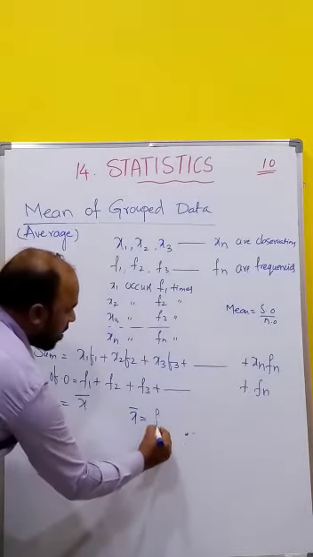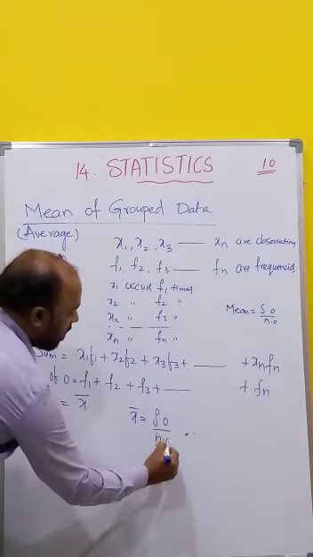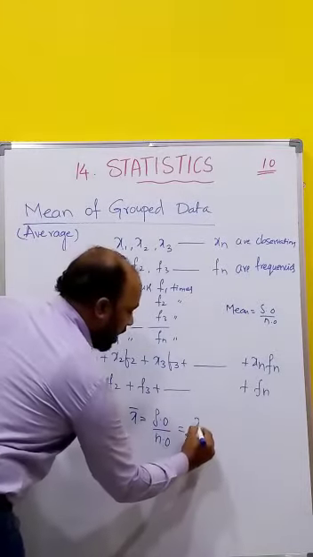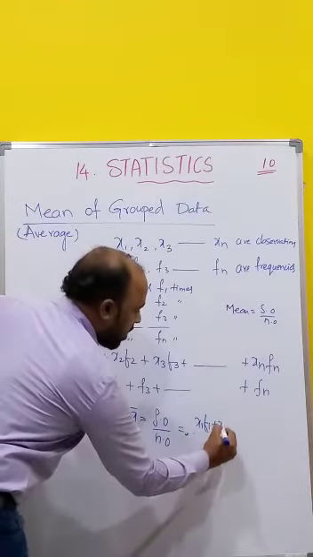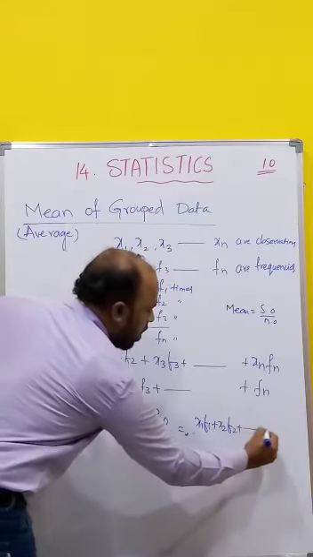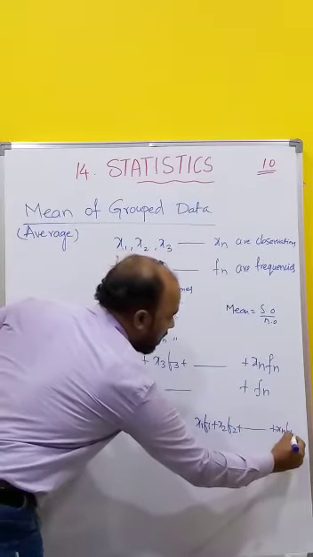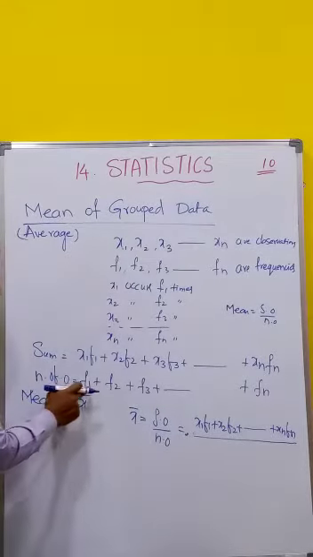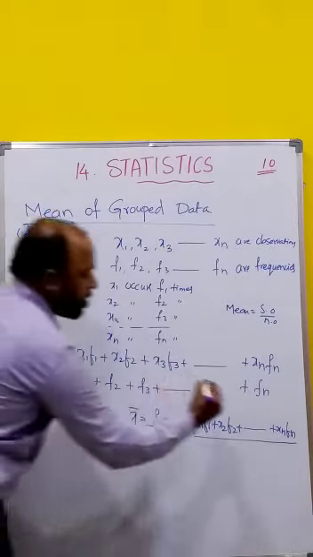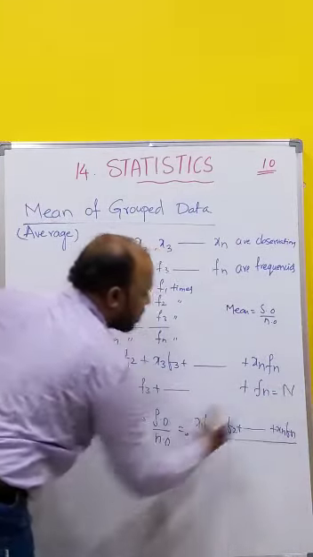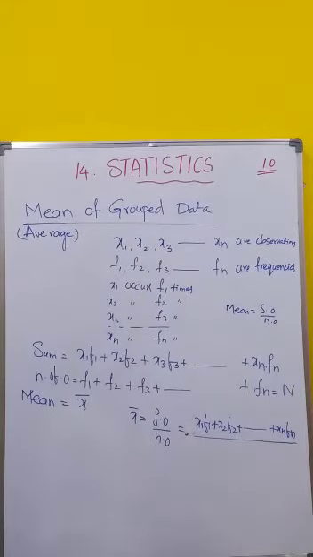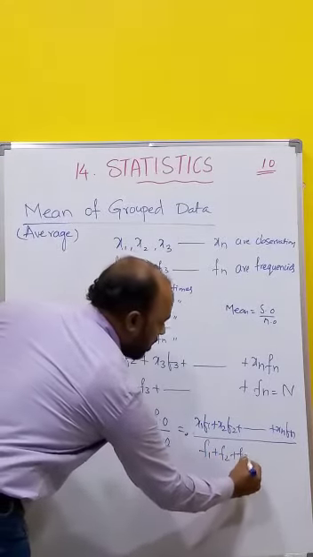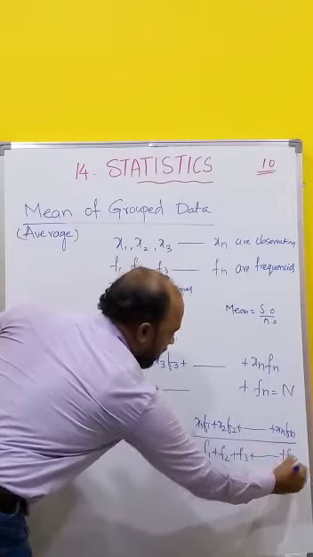The sum of observations here is x1 f1 plus x2 f2, and so on plus xn fn, divided by the number of observations, which is f1 plus f2 plus f3 and so on plus fn. We can write this as n also. That is the number of observations.